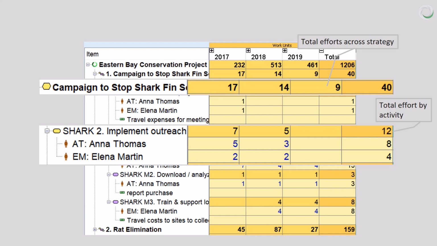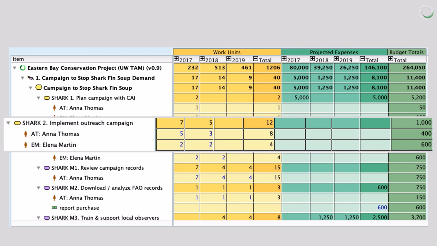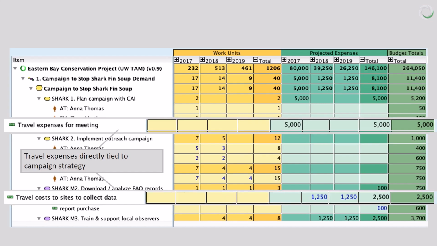The team can then roll up these level of effort estimates for other implementation and monitoring activities to get an idea of the overall level of effort for the whole strategy. The team can use its level of effort estimates to then get an idea of the labor costs involved with the strategy. Budgets will also include other expenses like travel costs and overhead.